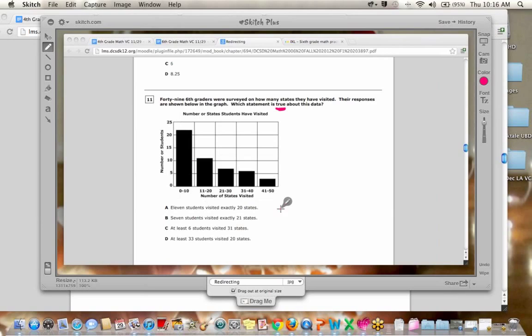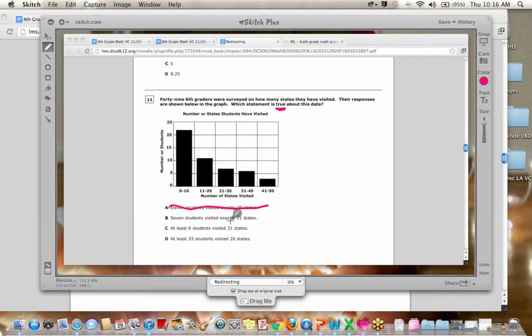So now let's do process of elimination and read our choices. 11 students visited exactly 20 states. Okay, guys, we don't have any exact numbers here. We have all ranges. 11 to 20, 21 to 30. So there is no way to tell. So I'm going to mark that off.